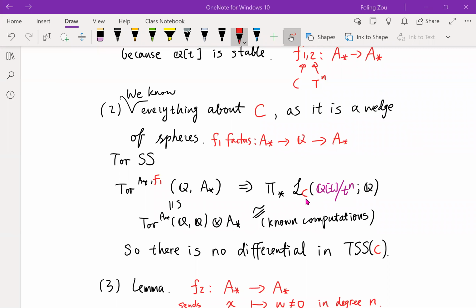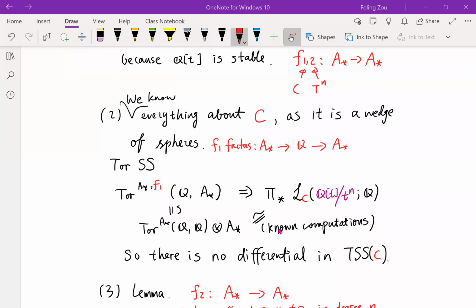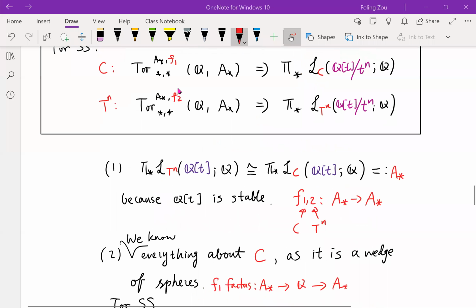And then we know the result, and we know this E2 page, we see that they are isomorphic. So we know that there has to be no differential in this case for the Tor spectral sequence of C. So here, we find this E2 page to be Tor of Q, Q tensor A, and we also know that this is an isomorphism.